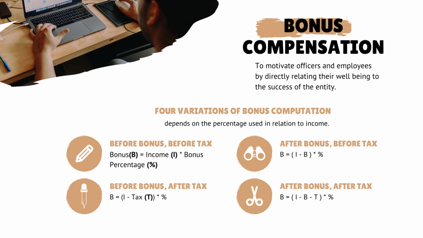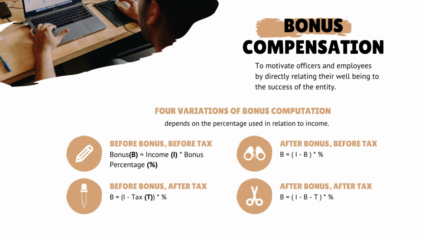That is why entities give bonuses, so that people are motivated to work, and eventually the company becomes more successful. That is why they give them. For bonus compensation, there are four variations on how it is computed.